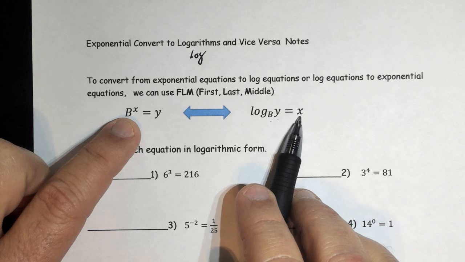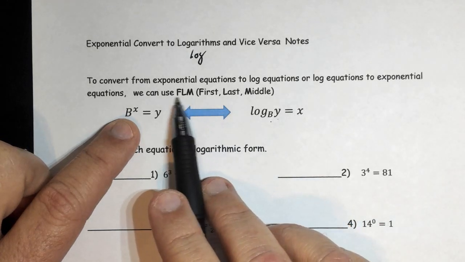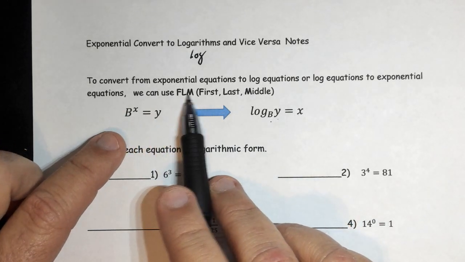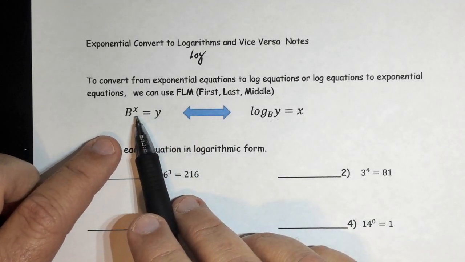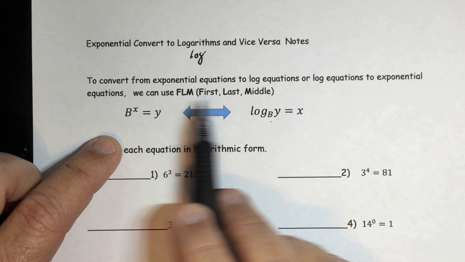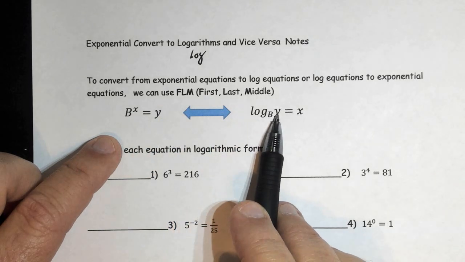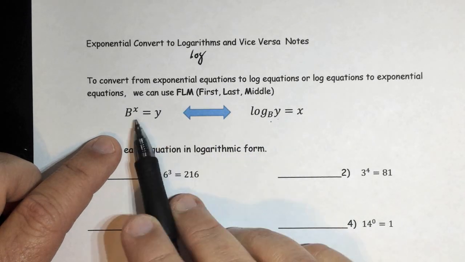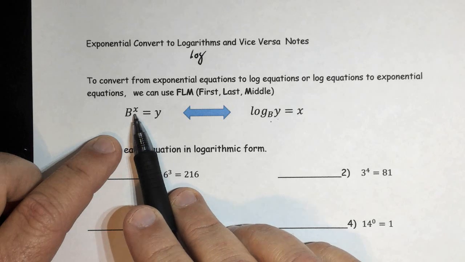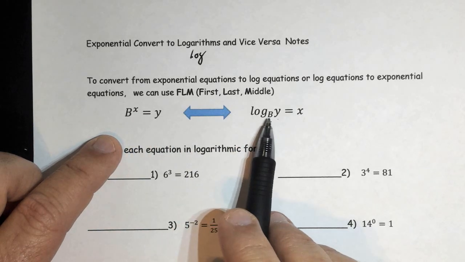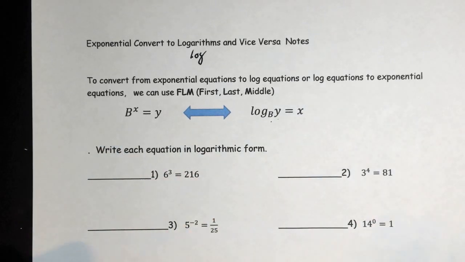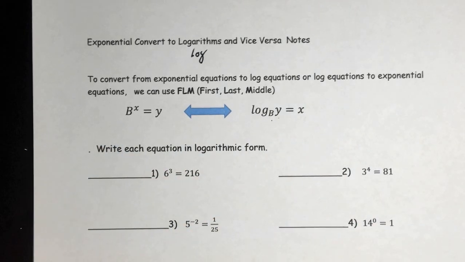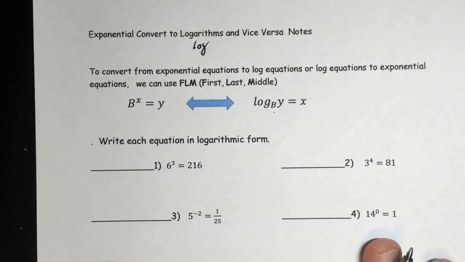What is sometimes used is what's called FLM, which is first, last, middle. If this is the first one, this is the middle one, this is the last one, it's first, last, middle on how you write it. We have to have this to be able to explain later where a logarithm comes from.